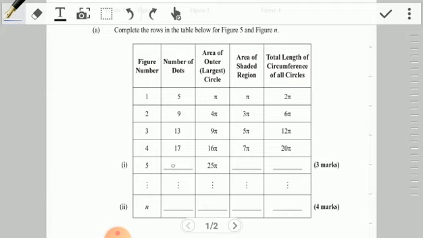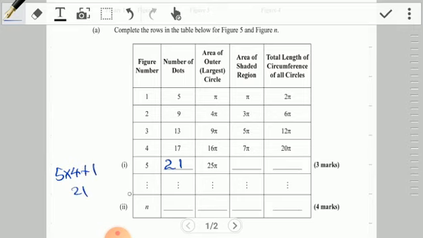We could find this 2 ways: going down, we're adding 4, so definitely this is 21. Also, 4 times 5 plus 1 gives us 21 as well.